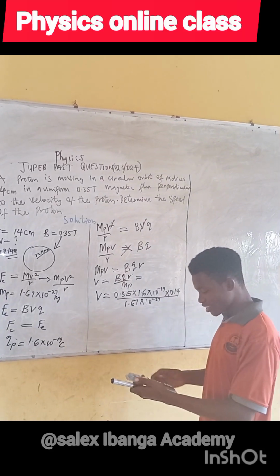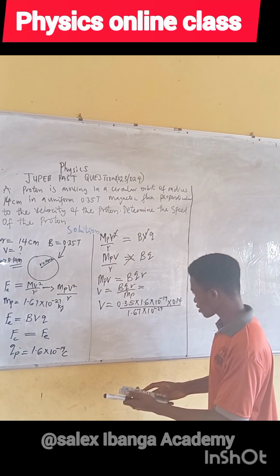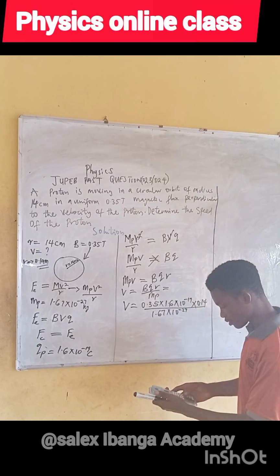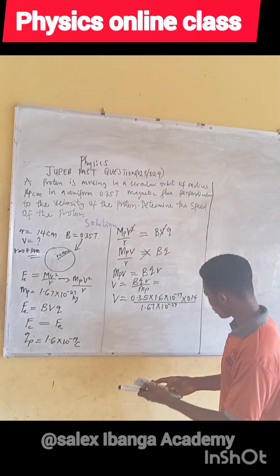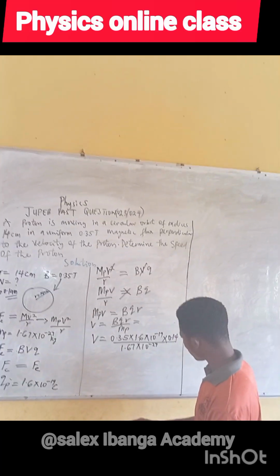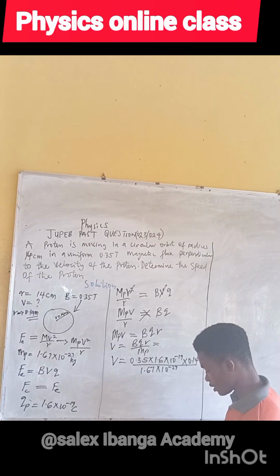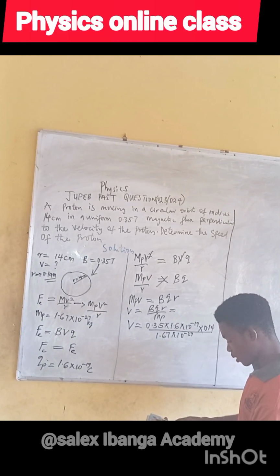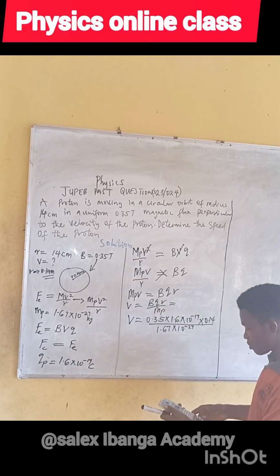So let's quickly see what we have as our final answer. 0.35 times 1.6 times 10 raised to the power minus 19 times 0.14.